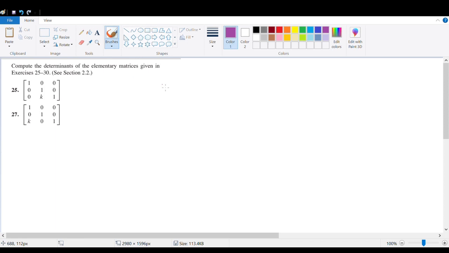In exercises 25 and 27, compute the determinants of the elementary matrices given. We see this one is a lower triangular matrix. So we know that for a triangular matrix, the determinant is given by multiplying all the entries in the main diagonal.